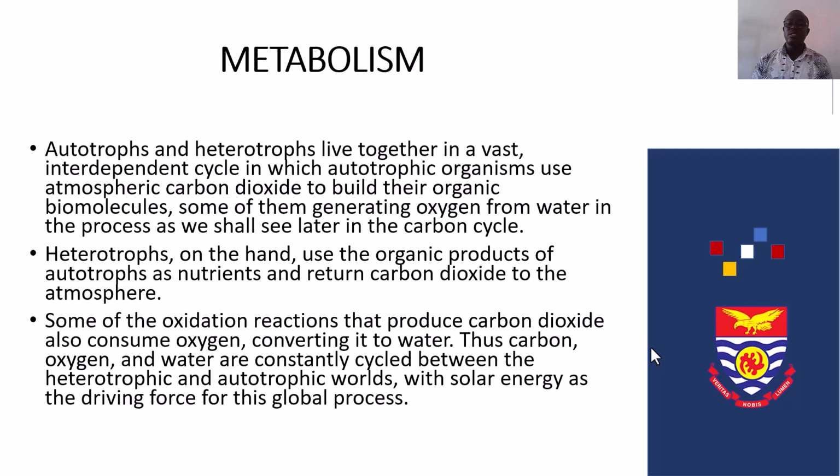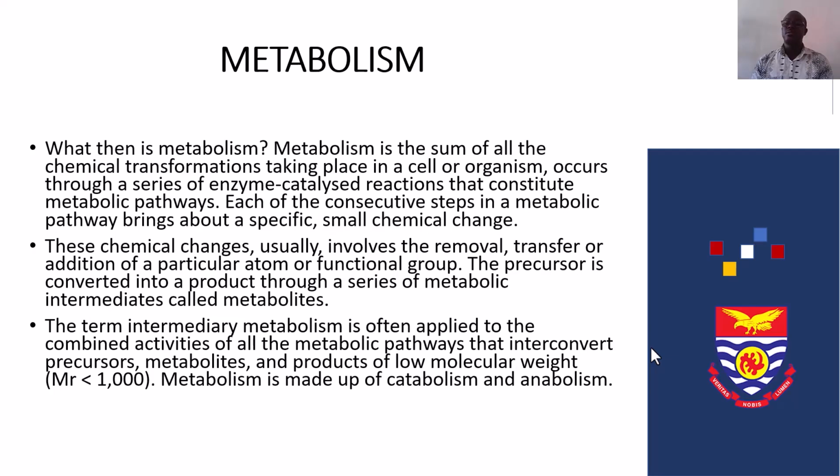Some of the oxidation reactions that produce carbon dioxide also consume oxygen, converting it to water. Thus, carbon, oxygen, and water are constantly cycled between the heterotrophic and autotrophic worlds, with solar energy as the driving force for this global process.